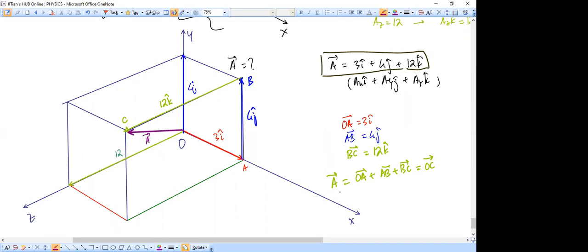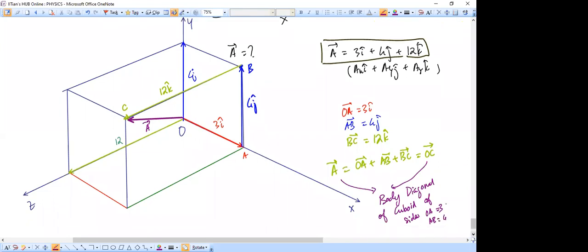You can see. So this, which is this, it is the body diagonal of the cuboid of sides Ax, Ay, Az. So that is the visualization of a vector in 3D.